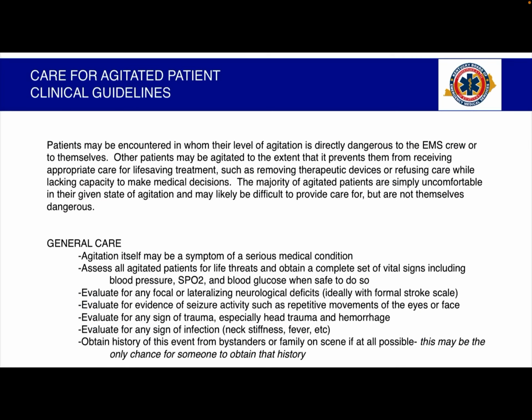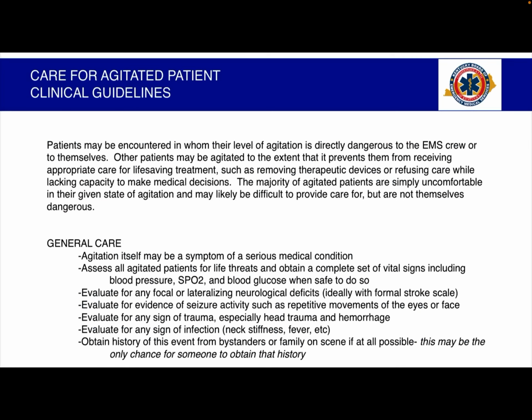This is talking about patients that are agitated, which prevents them from getting the appropriate care, life-saving treatments, or being monitored appropriately. The first part describes those patients, and then tells you the general care for it. It also notes that agitation itself may be a symptom of a serious medical condition.